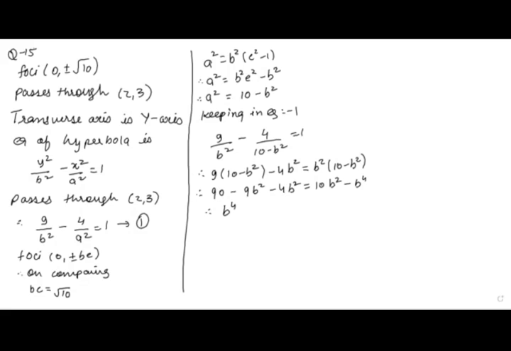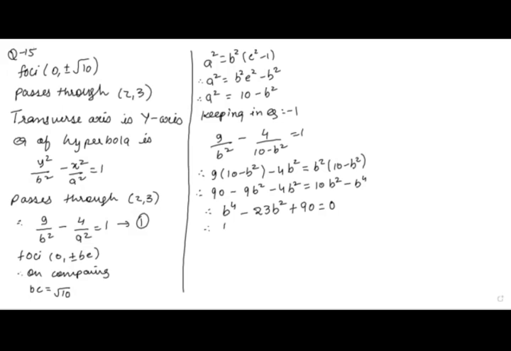Therefore b raised to 4, this is minus 13 and minus 10, so minus 23b square, and this will be plus 90 equal to 0.